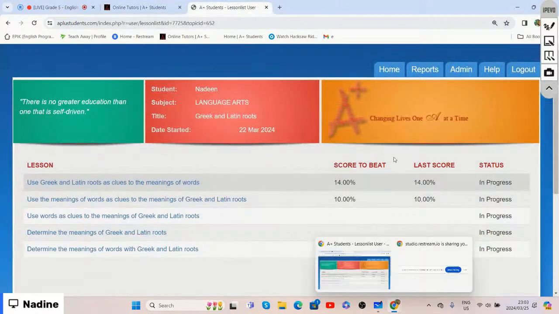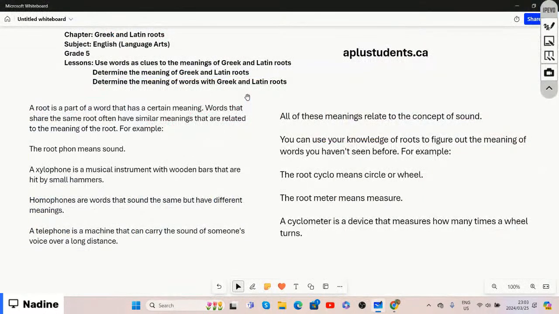Okay, so our chapter is Greek and Latin roots. Our subject is English, which is language arts. Grade 5, and the lessons that we're going to focus on today under the chapter of Greek and Latin roots is to use words as clues to the meaning of Greek and Latin roots.